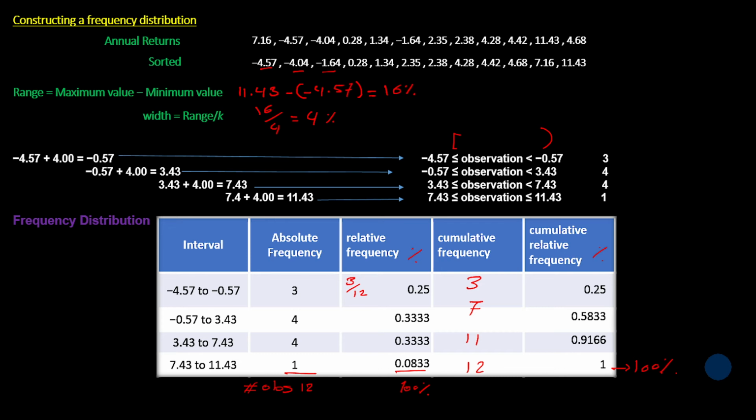So you can find cumulative relative frequency the same way as you got relative frequency, but using this column, that will be 3 divided by 12, in this case 7 divided by 12, or you can just add up the relative frequencies. You know, the 0.5833 is the result of adding 0.25 plus 0.33 something, right? So the same thing, we could just add these up, or we could just find the percentage, just like we did for the relative frequency.